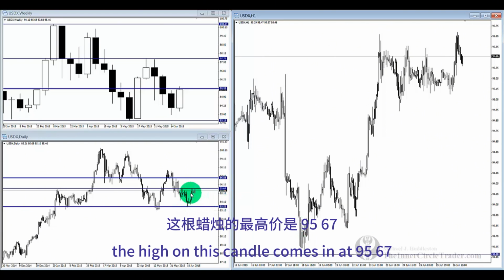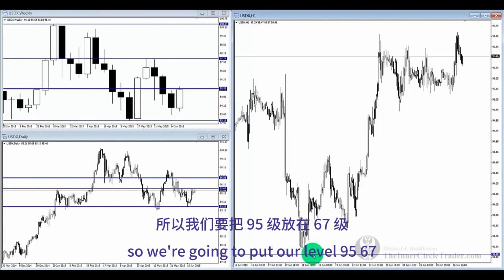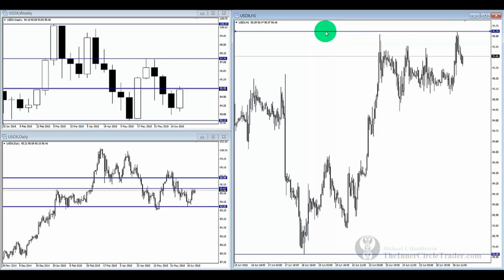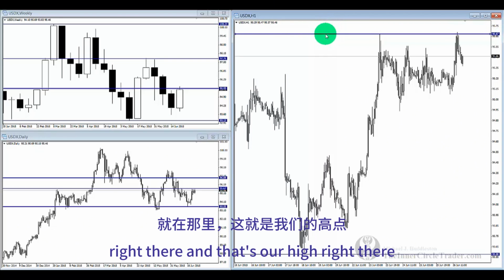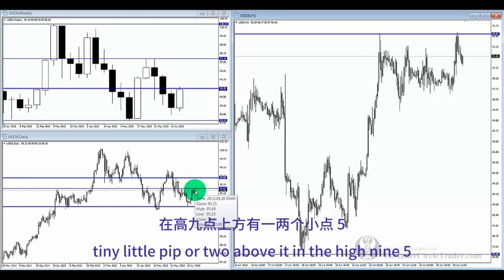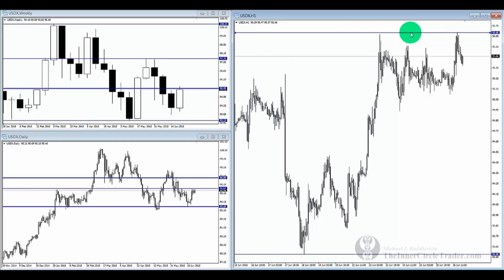The high on this candle comes in at 95.67, so we're going to put our level at 95.67 right there, and that's our high right there. We just recently went through it, a tiny little pip or two above it, and the high is 95.69, seen here, so we'll now adjust that to show the highest high.